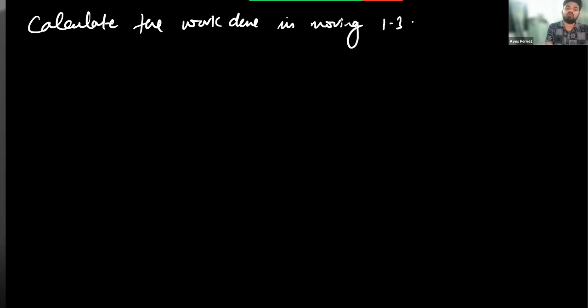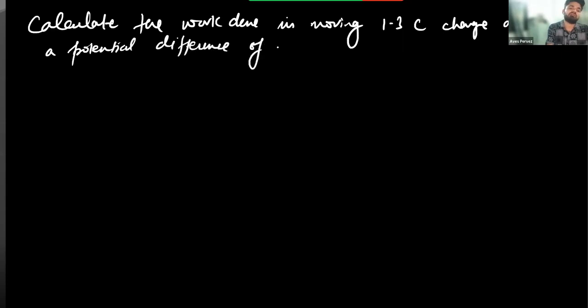Next question: calculate the work done in moving 1.3 coulomb charge across a potential difference of 3.9 volt.